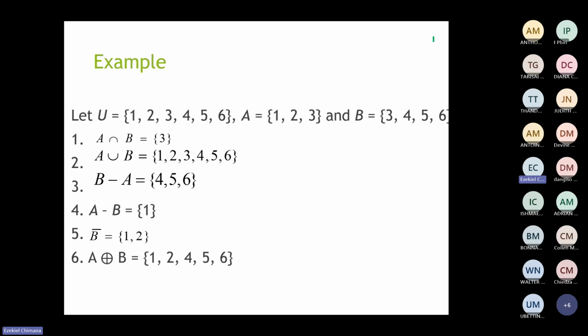Those elements which are in A but not in B are 1 and 2. Those elements are only in A but not in B. So there is a need of correcting this one. It was supposed to be 1, then you put a comma and then you put a 2. That's the correct answer there. Thank you, Grace.